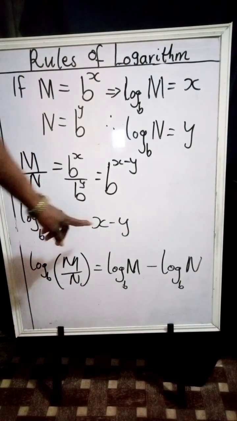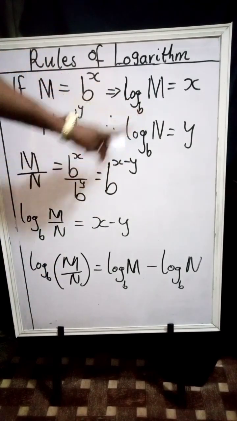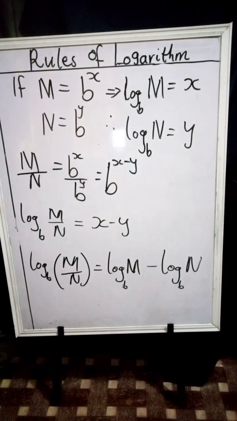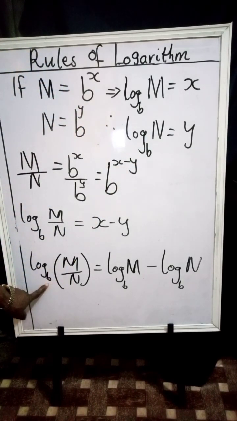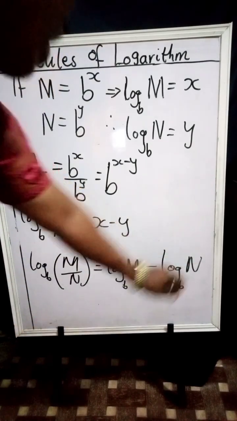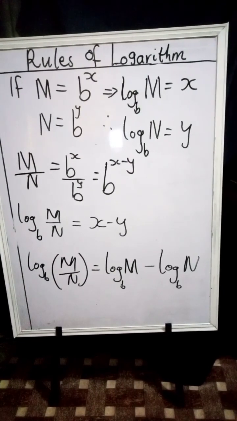And since x is the same thing as log m base b and y is the same thing as log n base b, it means that log m divided by n base b is the same thing as log m base b minus log n base b. This is the second rule of logarithm.